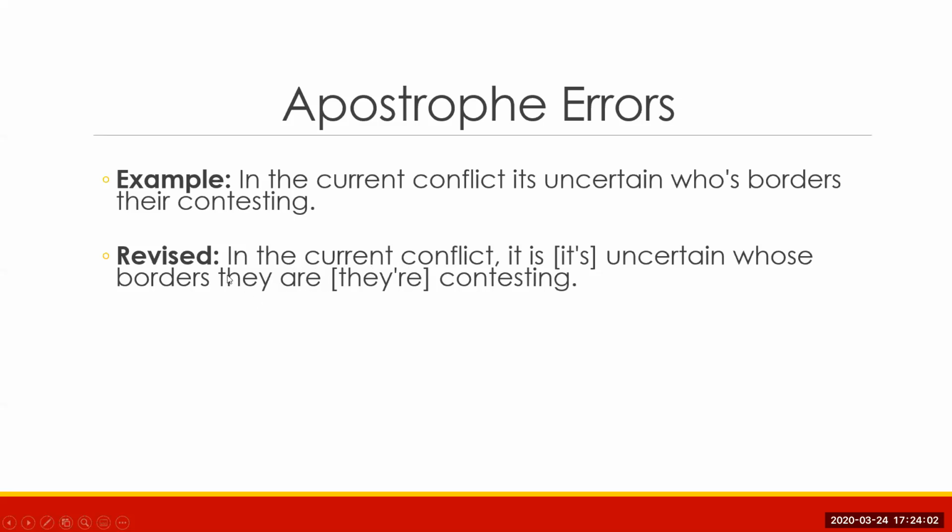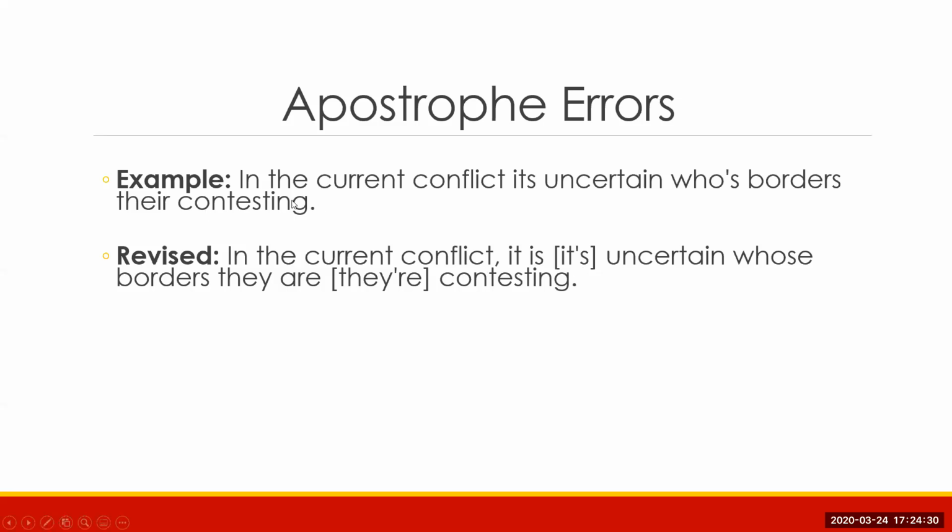So this would be the correct form of their. So that's why you could either use they are or their. It's up to you which version of the words you would like to use, either the contracted version or the non-contracted version. So altogether, it reads, in the current conflict, it is uncertain whose borders they're contesting. So this would be the correct version.